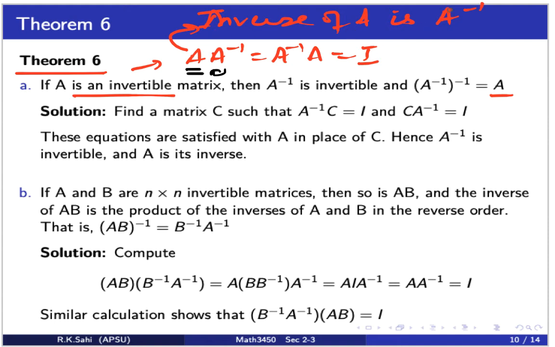So the inverse of A is A inverse. Now if you hold on to A inverse, and then look at A, which is on the right or on the left, either way, I still get the identity. So I can use the same thing and say, hey, the inverse of A inverse is A.